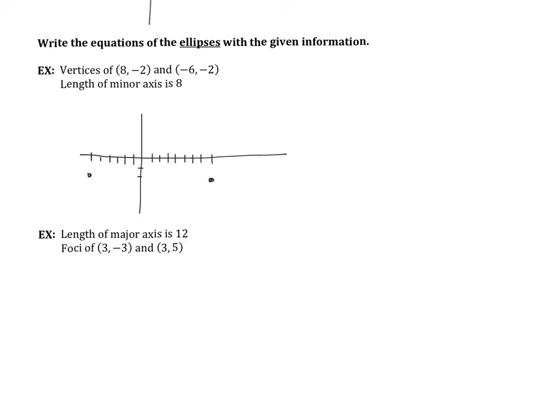Okay, well, I know these right here are the vertices. Because I'm in an ellipse, I know that this axis then, from those 2 points, is going to be my major axis.